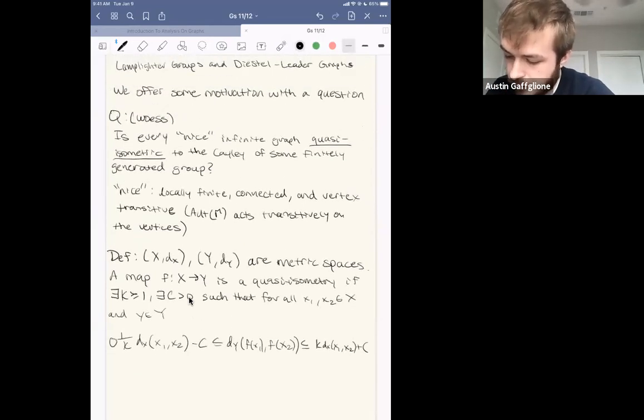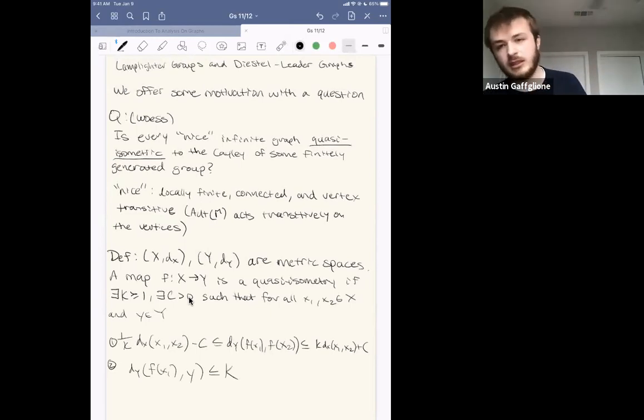So this is property 1 and property 2. The second property is that the distance in Y is bounded by this K. These are the two properties that define a quasi-isometry.